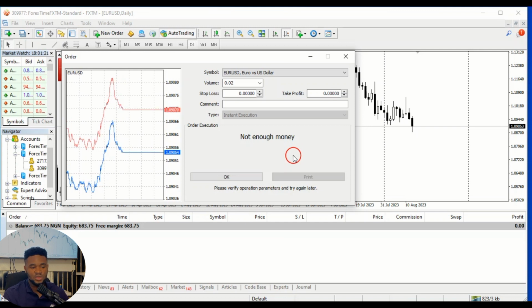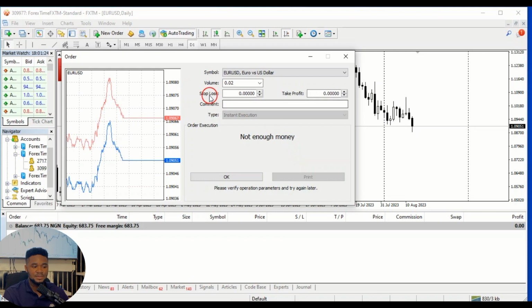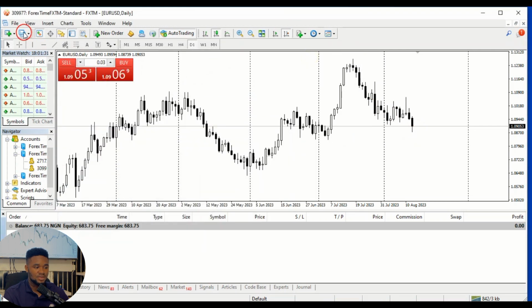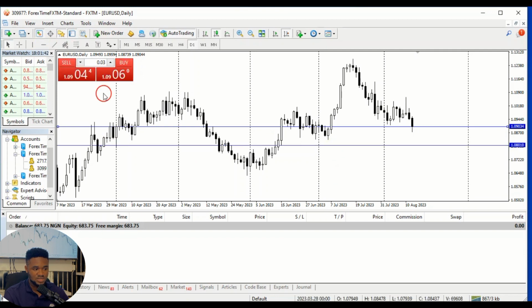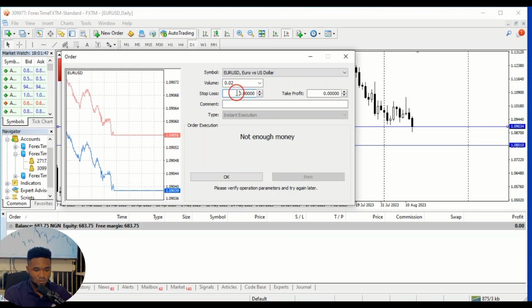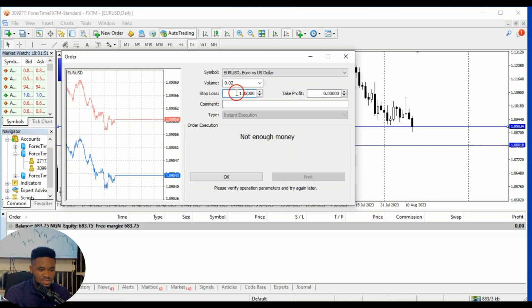So this is how you use the instant execution. And this is the place where you put your stop loss. Stop loss is at the left. If I'm buying this market right now at this point, my stop loss should be at this point. So I'll click on new order, and I'll put my stop loss. Stop loss is 1.8010.